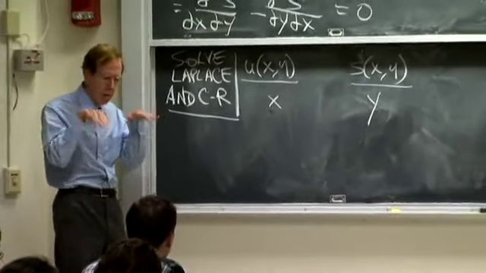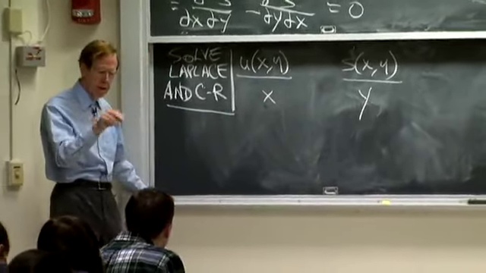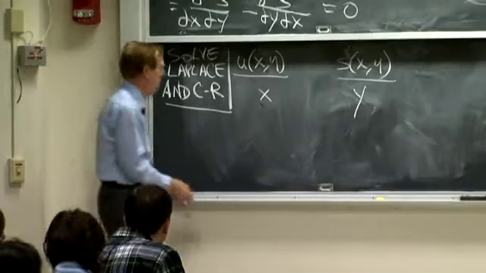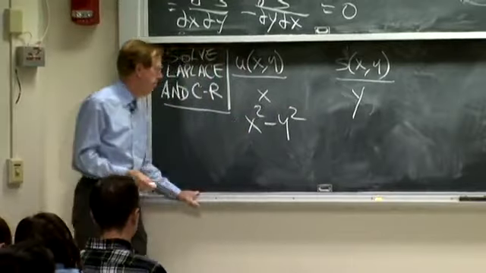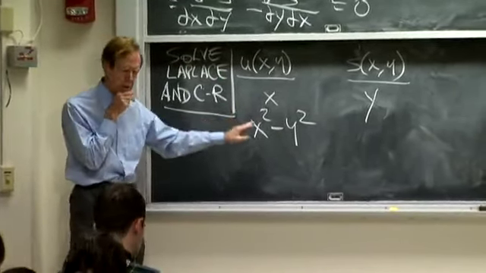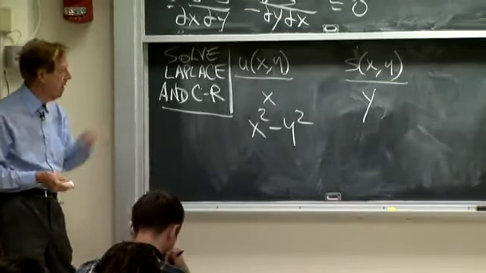I'm going to go up a level. I want to take a second degree, so my next pair in the list will be x squared minus y squared. First of all, it better not be in that list unless it solves Laplace's equation. And then if it is, we'll find an s.